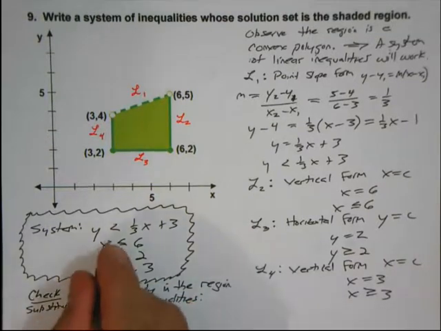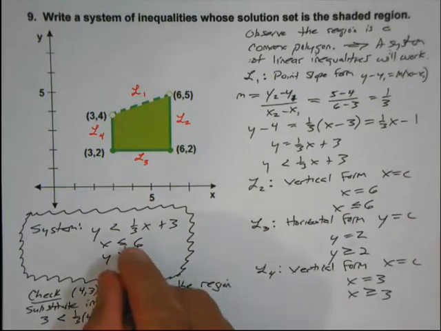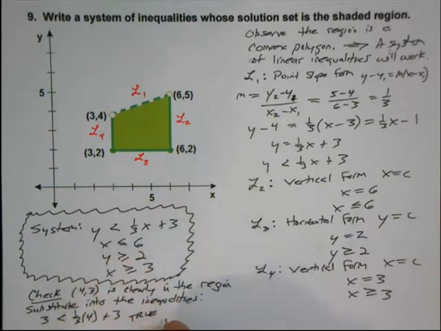Alright, the first one, y, 3, how about that being less than 1/3 times 4 plus 3? Okay, well, here's 3. This is 3 3/4 on this side, greater than 3. True. Okay, second inequality. X less than or equal to 6. X is 4 in this case. 4 less than or equal to 6.